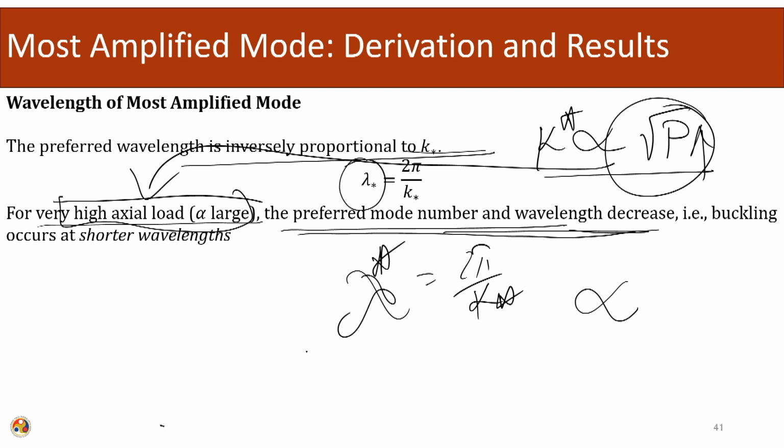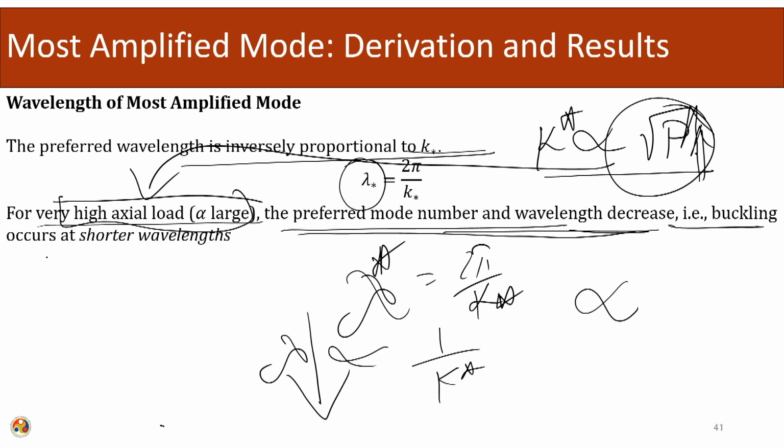The wavelength is inversely proportional to k star. As k star depends upon root over P, as P goes higher, my wavelength decreases. So, the buckling is going to occur at short wavelength.